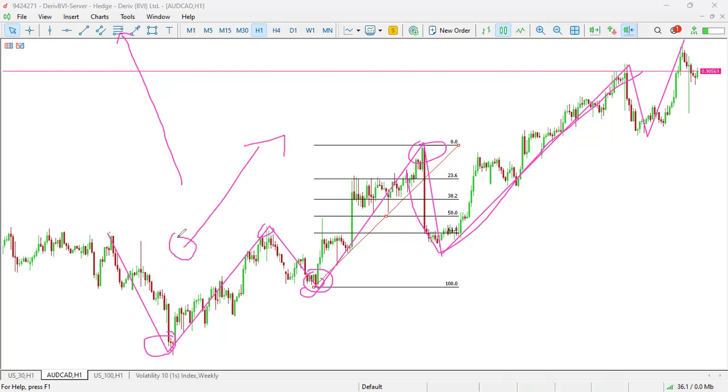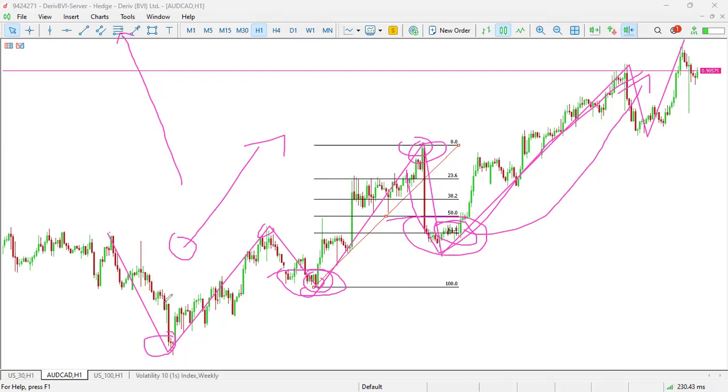You drag from the previous support to the previous resistance, and the tool automatically draws percentages. So if you can see, the 61.8 is here. When the price reaches here, we'll expect it to continue going up. So that is the use of the Fibonacci retracement.